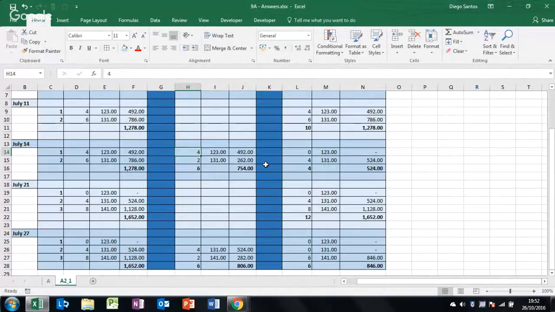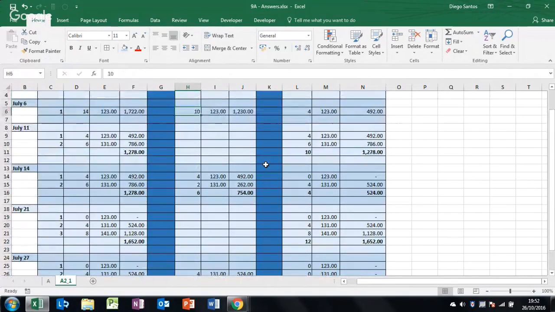Therefore, in July 14, first, July 6, nothing will change because we just have one price range. But for July 14, we need to change the way that we're computing because first we need to sell everything that we have in the latest unit price, which is 131.